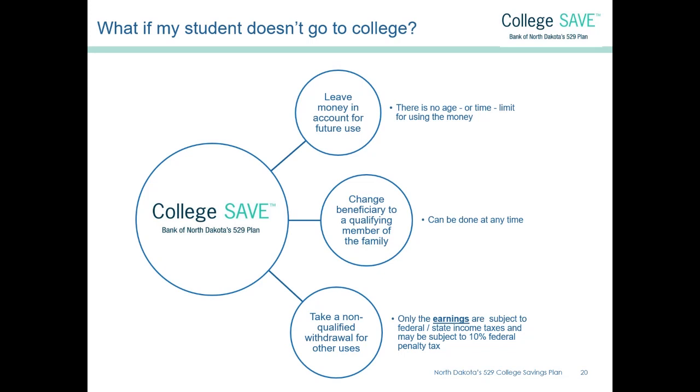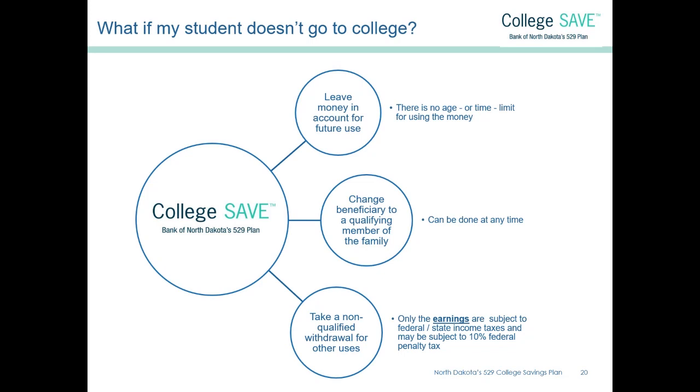So when you take a non-qualified withdrawal, meaning it's not for K through 12 or apprenticeship programs. It's not room and board, books, fees, tuition, or a laptop or computer or materials for their child's major. It's non-qualified, okay? Then you will pay taxes and a 10% penalty on the earnings portion only.